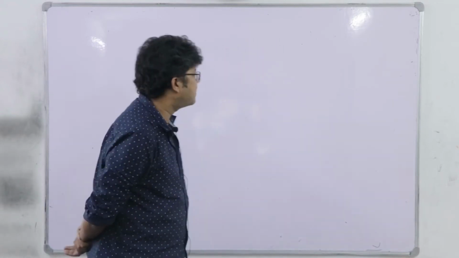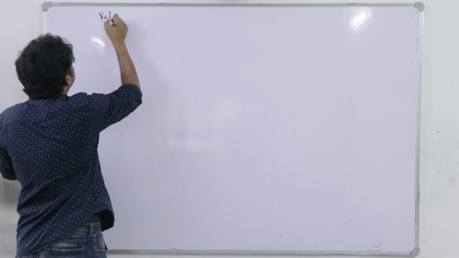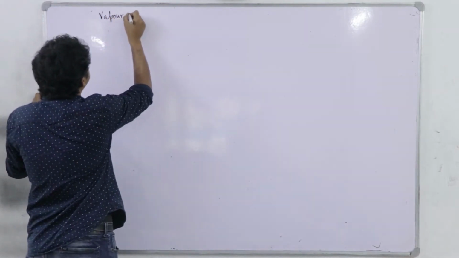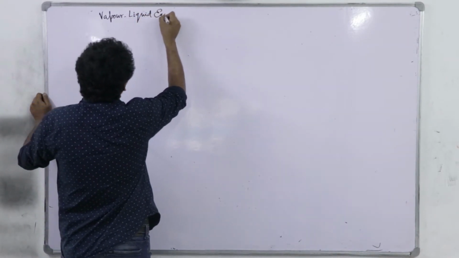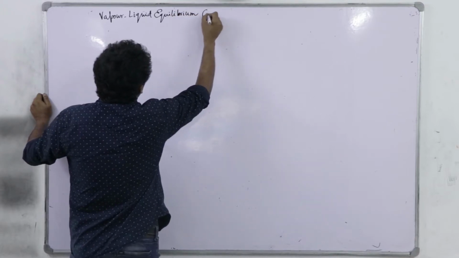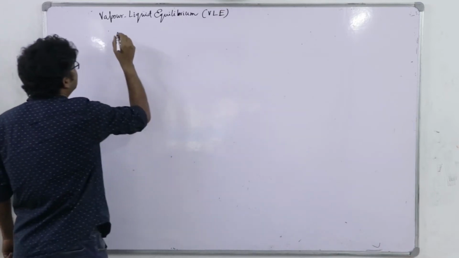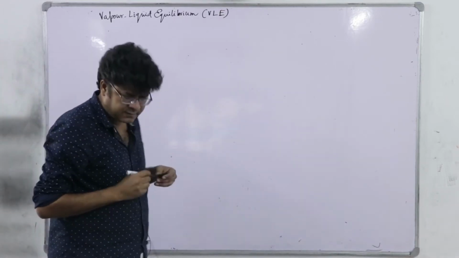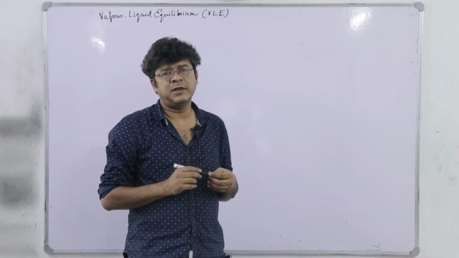So vapor liquid equilibrium, abbreviated as VLE, the relation actually originates from the condition of phase equilibria, right.